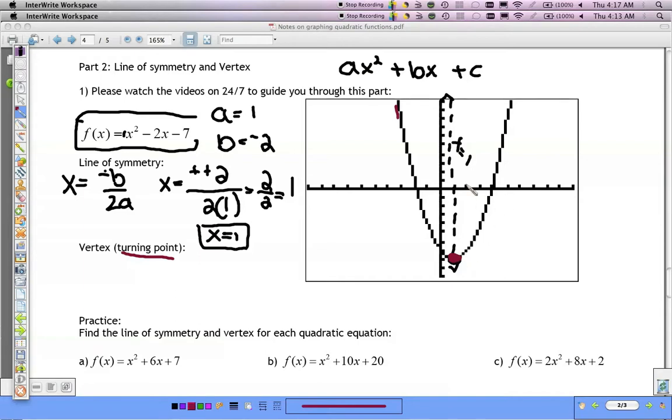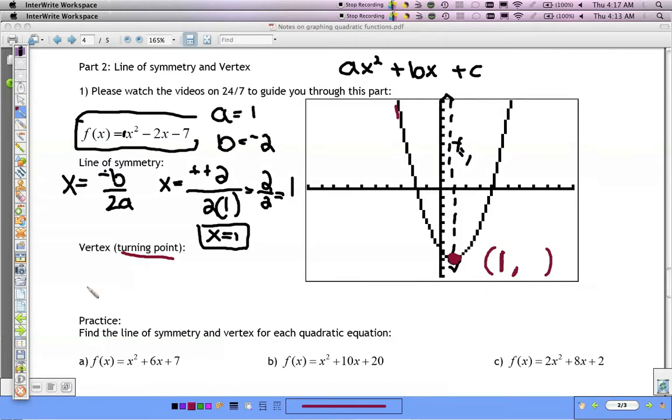All right, so I want to find the location of this point, not just the fact that the line of symmetry x equals 1 goes through it. I want to know the location of this point in space. Now remember, this is a point, so it's going to be in parentheses. I already know the x value is 1 because the line of symmetry that goes through it is 1, and I need to find the y value. The way to find the y value is really easy. We just take the x value from the line of symmetry and put it back into the original equation.